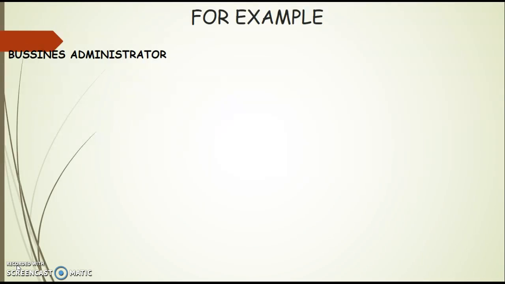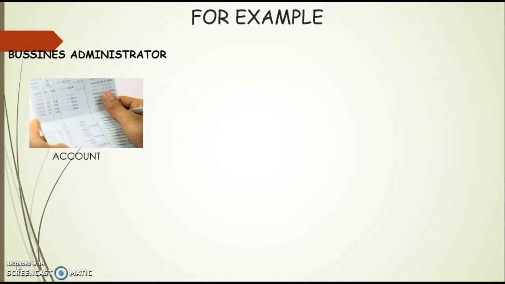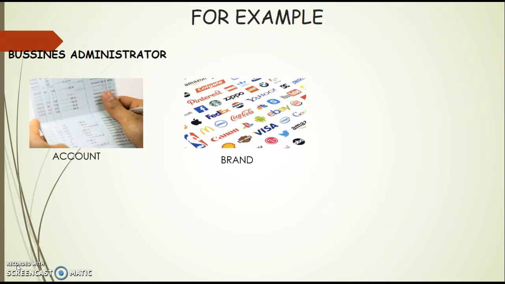For example, we will look at the vocabulary required for a business administrator. The first is account. The Spanish meaning is cuenta bancaria. So one example is, please, I need help to manage my account. The second is brand.